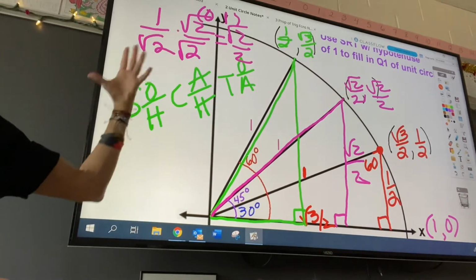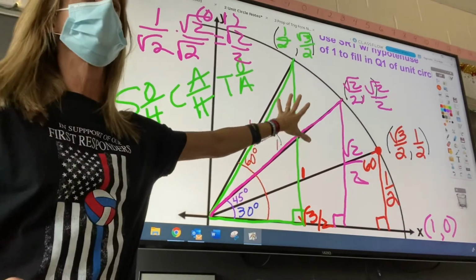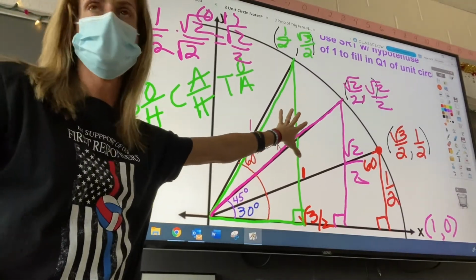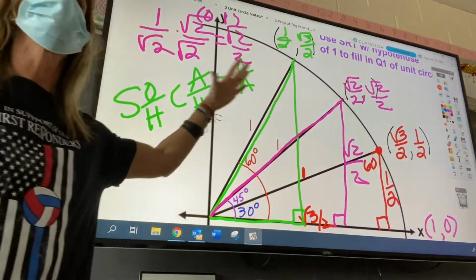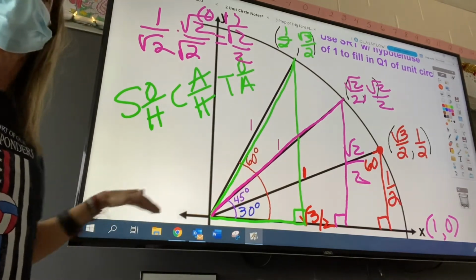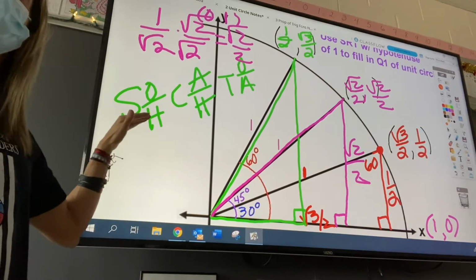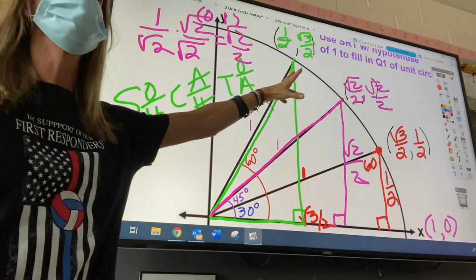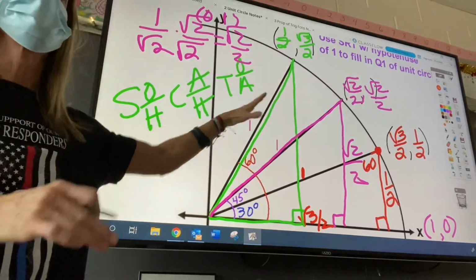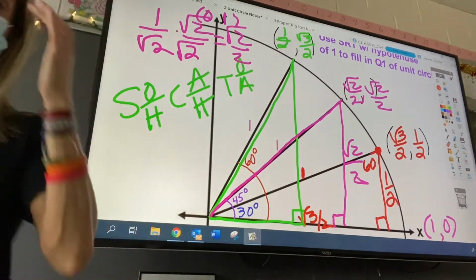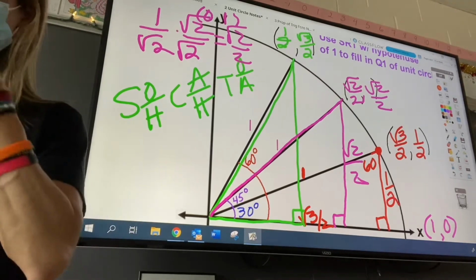The first quadrant has a positive x coordinate and a positive y coordinate. In the second quadrant, x is negative, y is positive, and so on. We're just going to change the values depending on the signs of the quadrant that we're in. We're not going to memorize the whole thing.